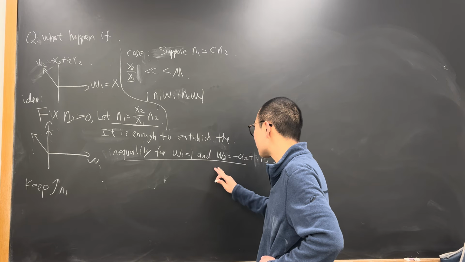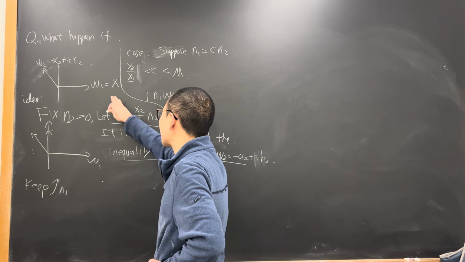Suppose that we show this special case, and then how do we move this case to that case?